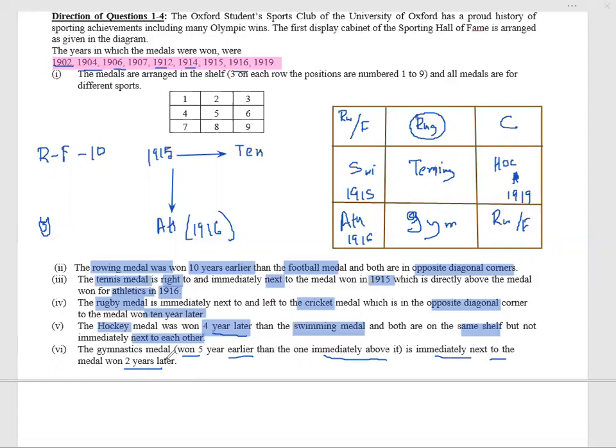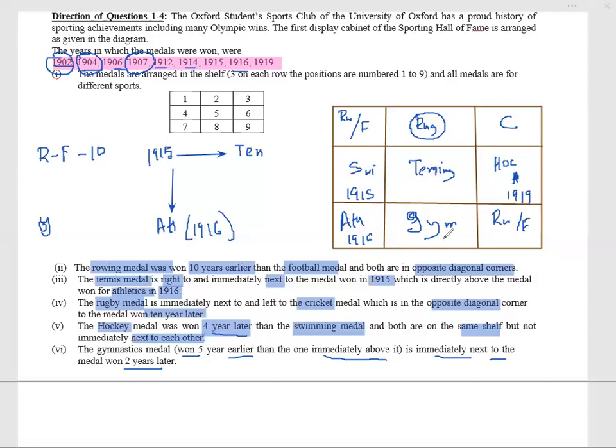After 2 years from that year there should be a medal, and after 5 years also there should be a medal. Which trio is possible here? 1902, 1904 and 1907. Because for 4, 6 you don't have 9. 14, 16 and 19 is also possible, but 16 is already utilized.